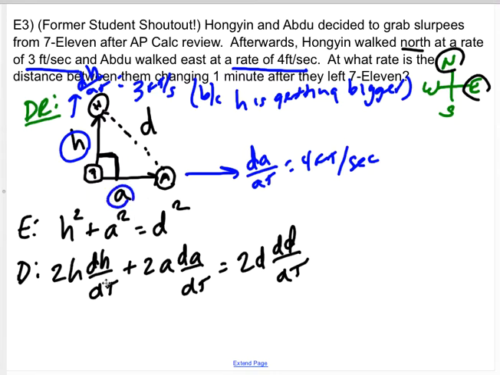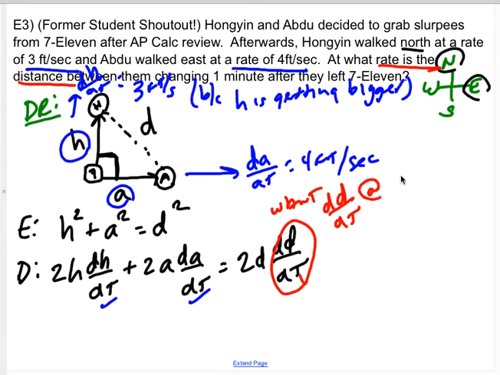So now if you look, I know dH/dt and dA/dt. They want the rate of change of the distance, so this is the thing I want: dD/dt, which is a lot of d's, at the moment when the time is 1 second. That's what I'm asking for.